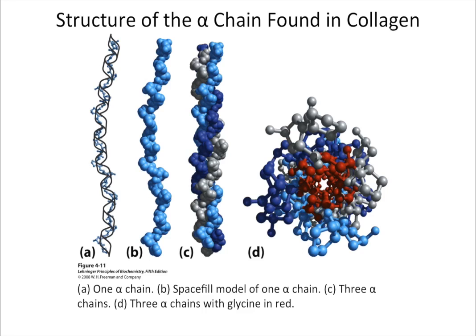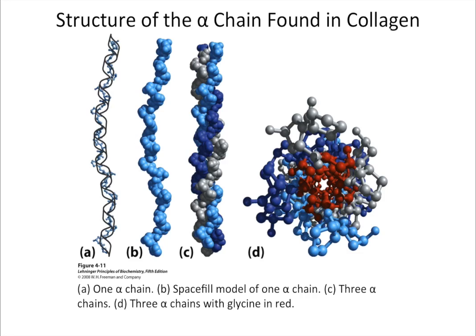And we also had this in one of our previous chapters where we showed the structure of the alpha chain in collagen. And again, please don't confuse this with an alpha helix. This is called an alpha chain. It's a different conformation. And here you can see the structure of this alpha chain in A here.